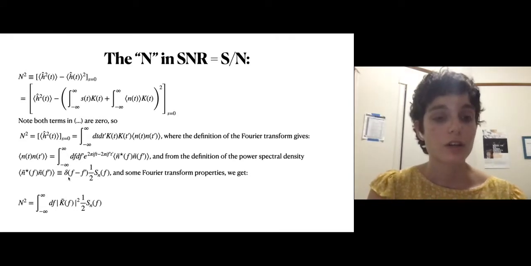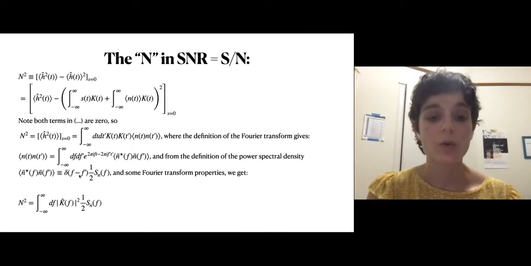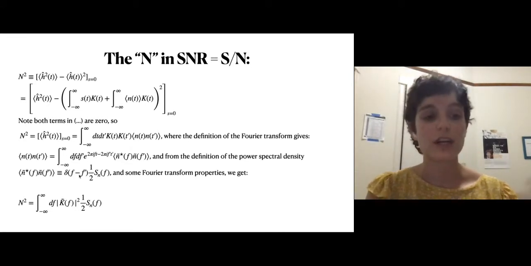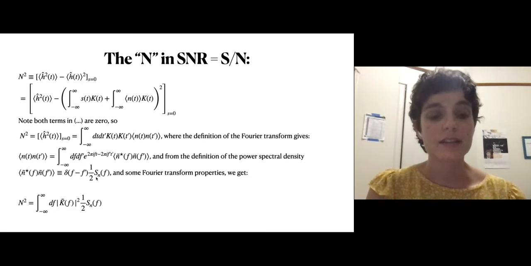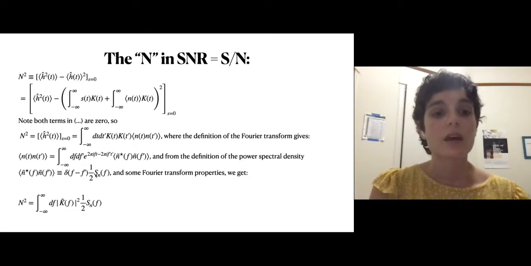So there's this delta function because the properties of the noise are independent between different frequency bins. And this S sub n of f is the power spectral density.